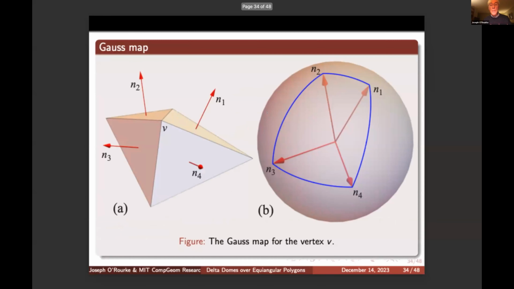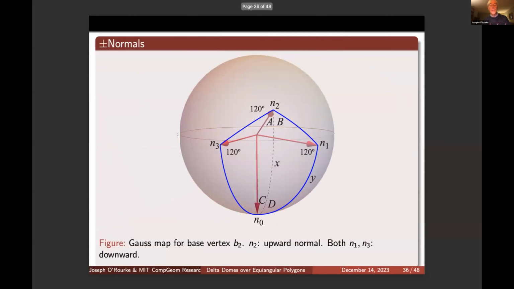So back to here, the length of the blue edges is the dihedral angle. The angle in this spherical quadrilateral is pi minus the incident angle here. So there's a beautiful mapping from one world to the other. And we use this and set up the proof. And this just gives you a little hint of how it works.